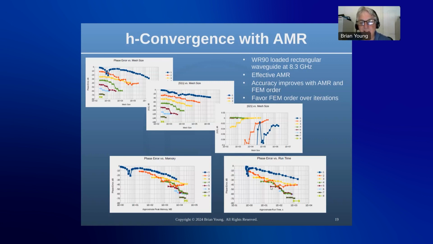The problem is you don't know exactly what order element would be required, but from these results, what I find in general is that, within reason on runtime, you're better off using as high order element as you can get away with, along with adaptive refinement. That will ultimately end up with the best answer at the lowest runtime. Of course, that's problem dependent, so it's kind of a feel-your-way-through-it on any given problem.